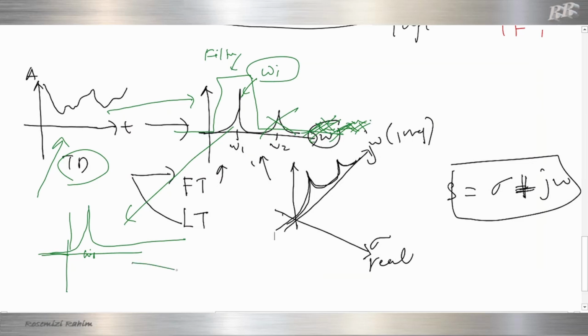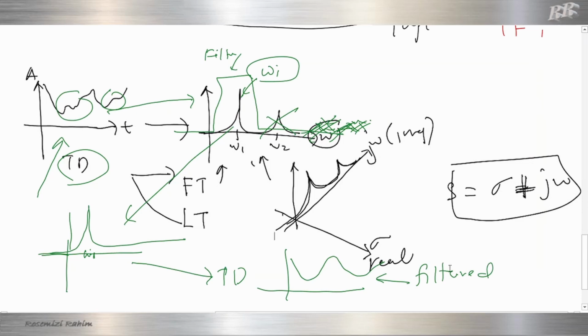Then when we convert back into the time domain graph, our signal will be smooth, for example like this, compared to the previous one, which had constant noise. So our new graph will be filtered. This is what we call a filtered signal. We remove all the unwanted signals.